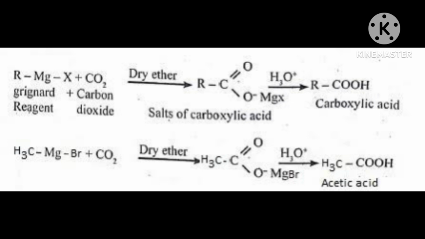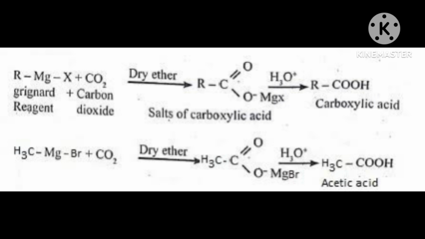Now on hydrolysis, you easily understand, as I already told you, that this anhydride will break. The middle oxygen is there, so it will break into two parts, and the middle oxygen will go with any one.